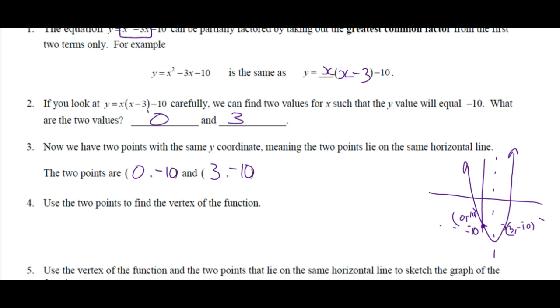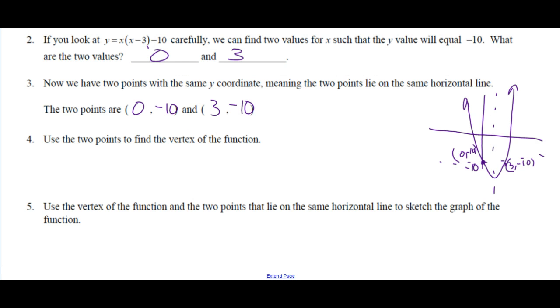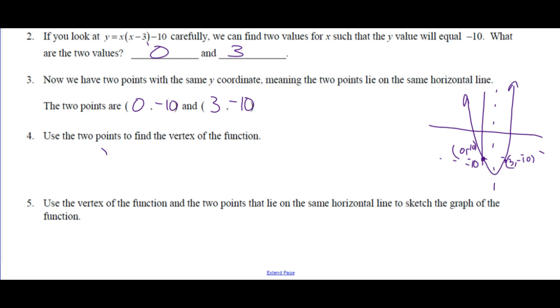So where's the axis of symmetry in relation to these 2 points? Halfway between them. So we're going to go 0 plus 3 over 2, which is 1.5.